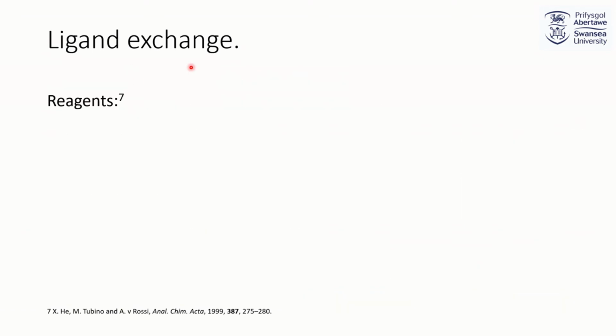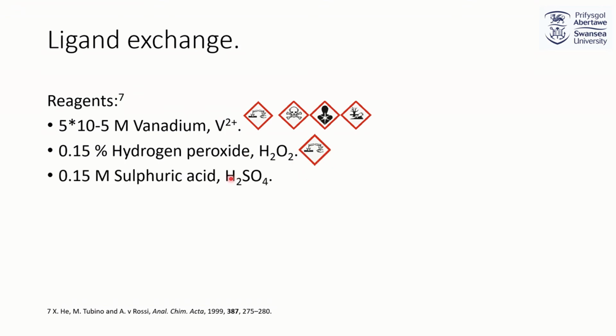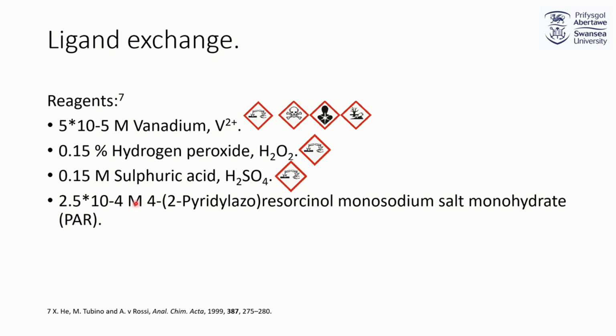For the second ligand exchange to be looked at, again take some vanadium from earlier on, with these familiar hazard symbols, some hydrogen peroxide in a fairly low concentration, however still considered corrosive, some sulfuric acid, corrosive, and then some of this PAR dye.